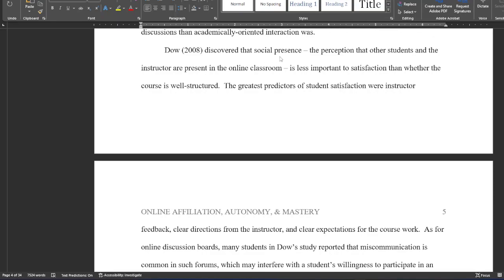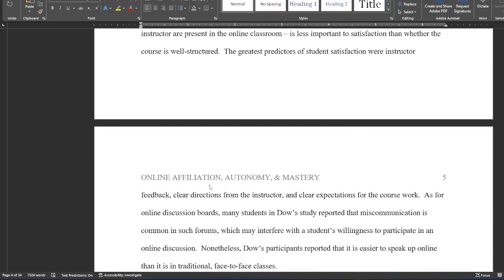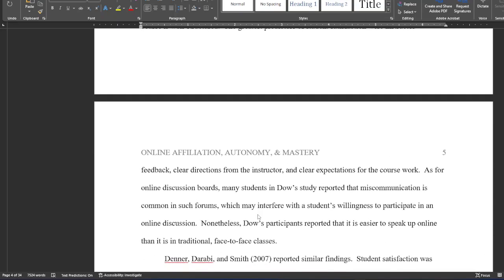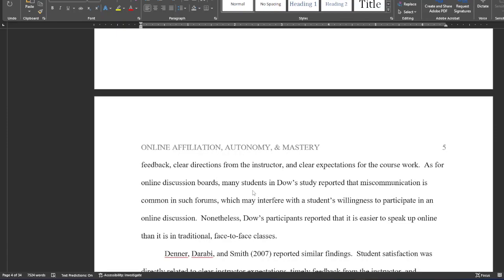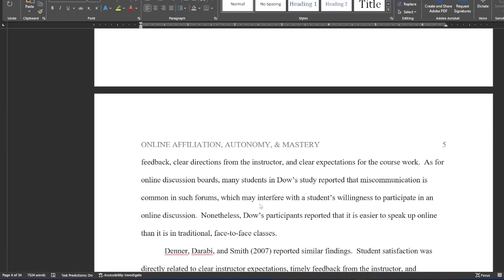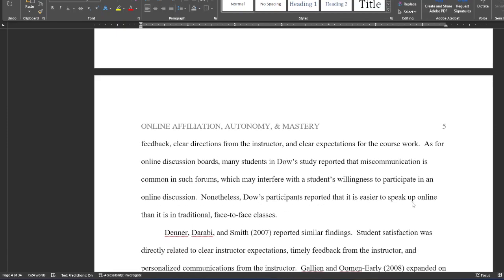As for online discussion boards, now I'm like, many students. I don't want to just say many students reported that miscommunication is common. Which students? So I went ahead and said, in Dow's study, to make it really clear I'm still talking about Dow. And then nonetheless, Dow's participants reported that it's easier to speak up online than in traditional face-to-face classes.